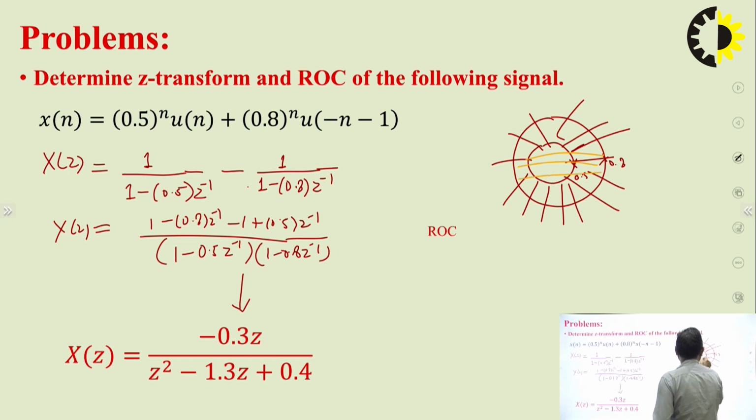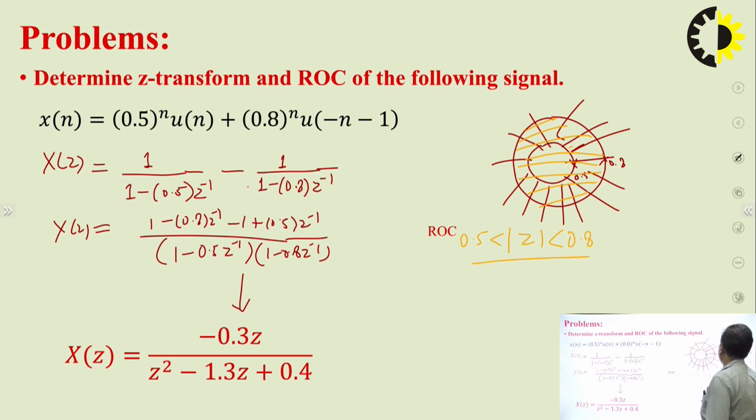So what is the overlap region? The overlap region is between 0.5 and 0.8. So the ROC, mod z, is between 0.5 and 0.8.